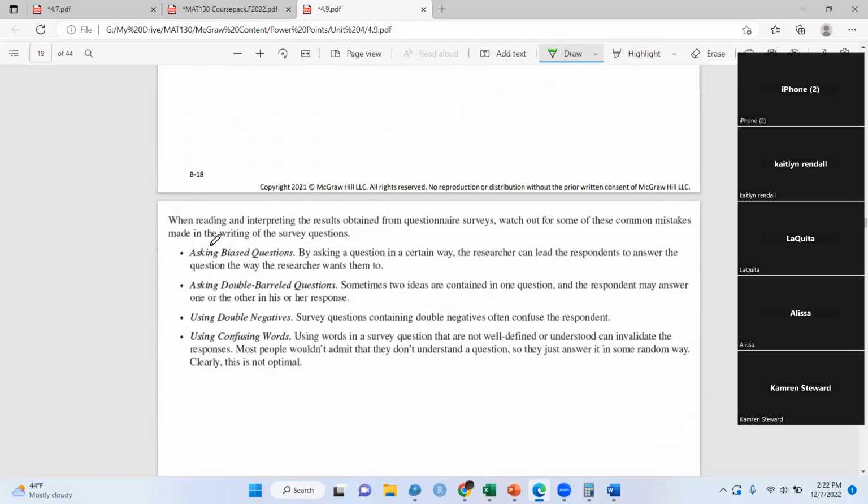So these are all different types of bias that could be introduced in how we ask questions. The questions themselves could have bias, or you have 2 ideas in one question, or double negatives, or you have confusing words.